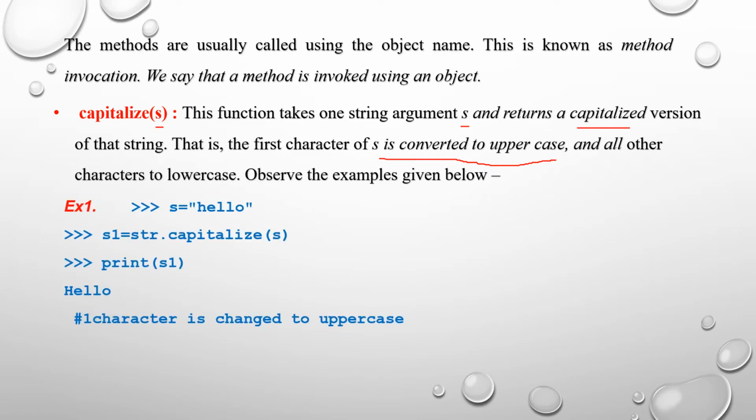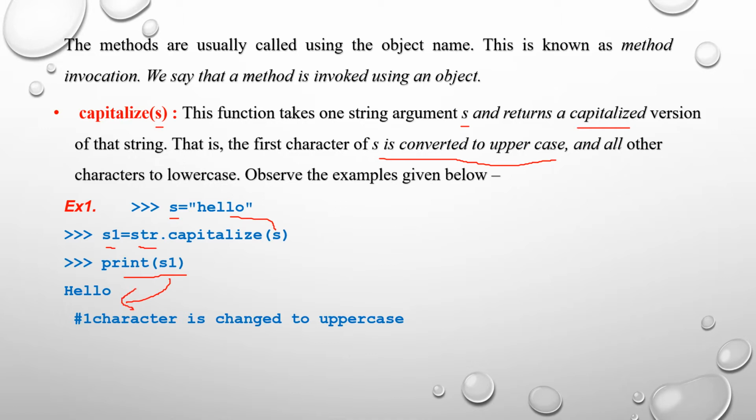For example, s is equal to hello. So hello is the string and s is the variable name. After that, we declare one more variable, s1, is equal to str.capitalize(s), where str is the class name. So s is hello, and if you print s1, the interpreter is going to print Hello.